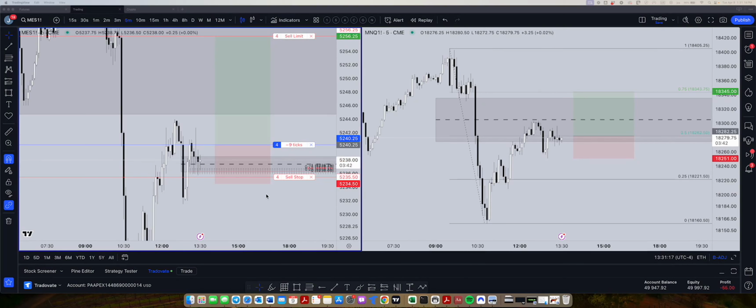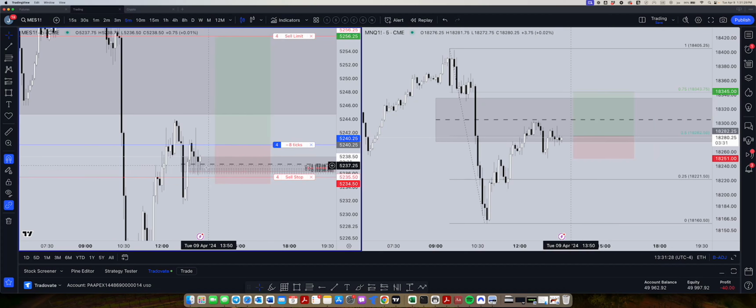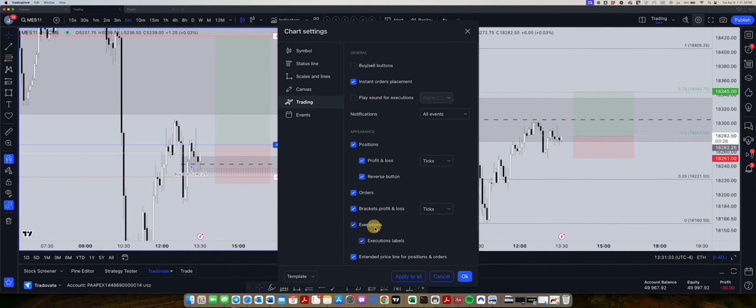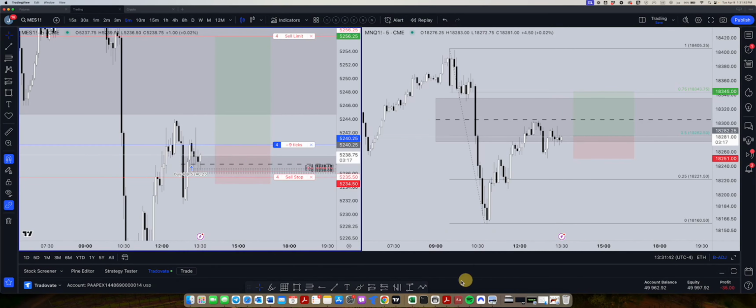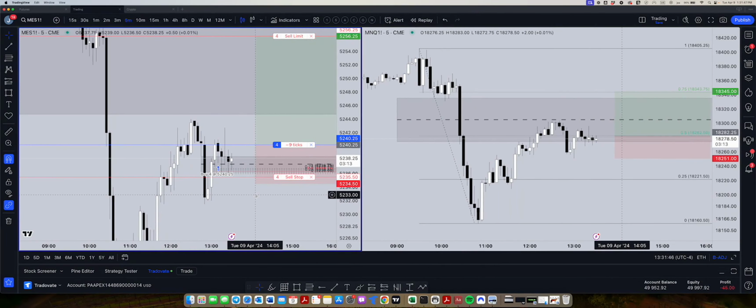All right, so the lesson in this position that I took here is that I entered it when it wasn't the most optimal time to enter. If you look down here, it's 131, and I think I entered this trade around, let's look at the executions, at 110. Normally, PM session doesn't start till now, and if I wanted to get a better price movement, then I probably should have waited till 2 o'clock.